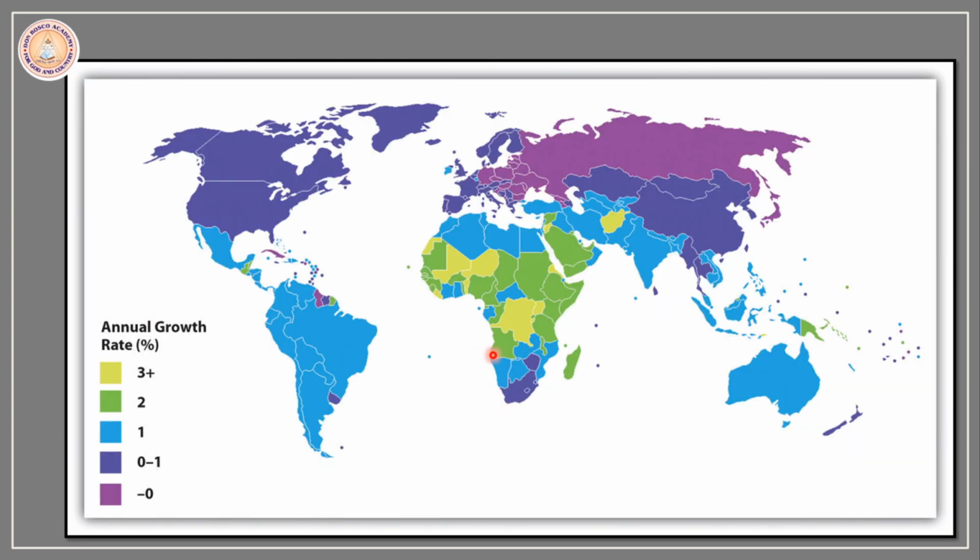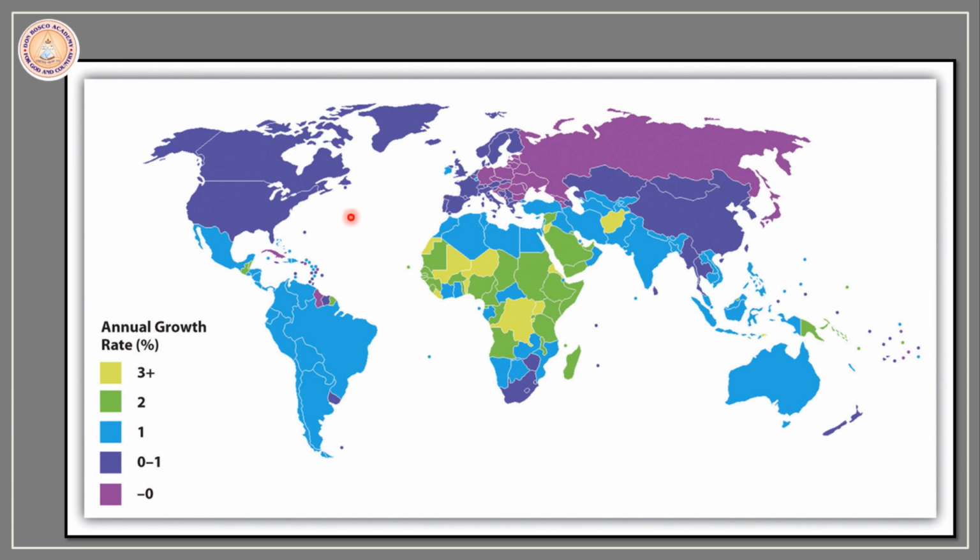Now the rate of population growth varies with time and is different in different parts of the world. The developed countries experienced a high rate of population growth when they succeeded in lowering the death rate. Later on, these countries succeeded in lowering the birth rate also, thus slowing down the growth of the population.